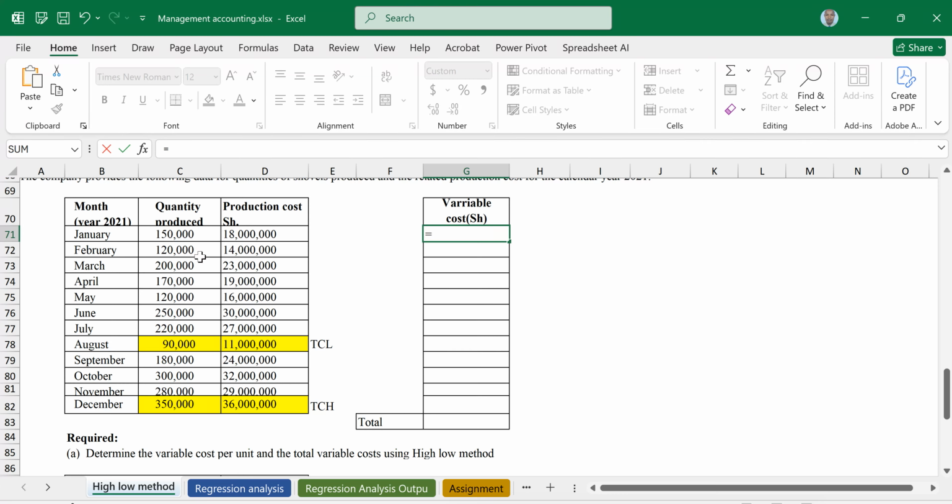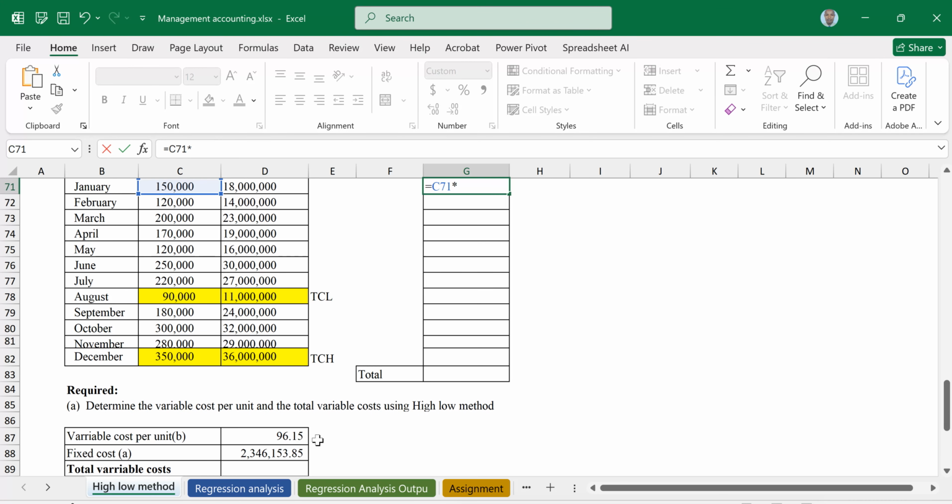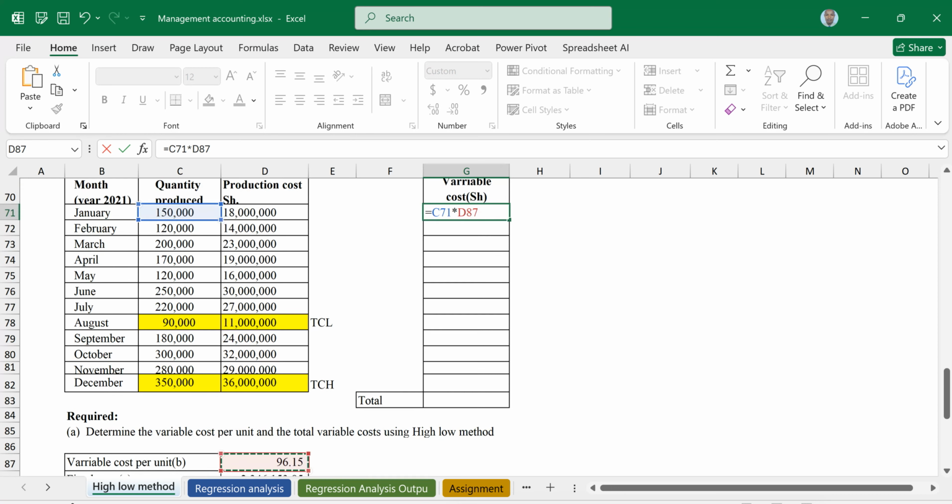Click on the units in January, which is 150,000, times, then click on the variable cost per unit, which is 96.15, then lock the 96.15. Don't lock the units, just lock the variable cost per unit, enter, then drag down to December.